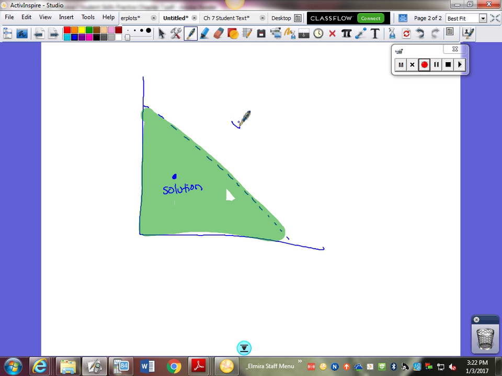Something that's in the white zone is not a solution. Something that is right on the dotted line itself is not a solution if it's dashed, because dashed lines come from when it's not equal to. There's no equal bar. So that represents the border, but it does not represent the solution.